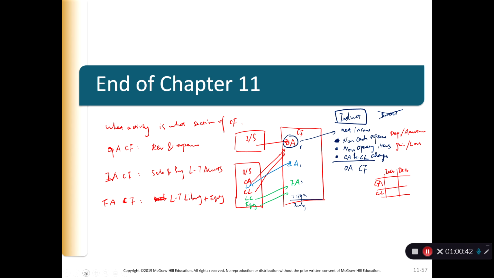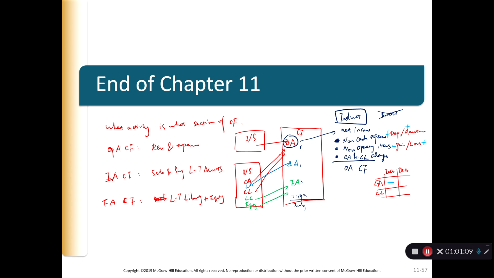Therefore, let me give you the sign of each one. When we adjust non-cash expenses, we add back the depreciation and amortization expenses. For non-operating items, we subtract the gains and add the losses. For an increase in a current asset, which is the third bullet point, we subtract from cash flow.